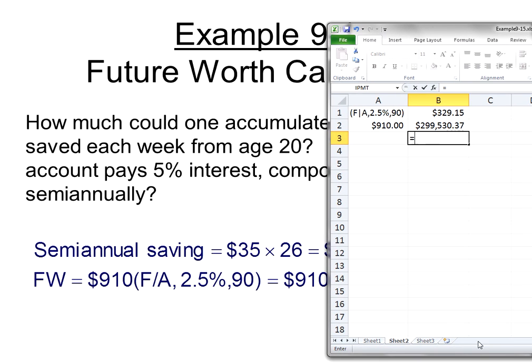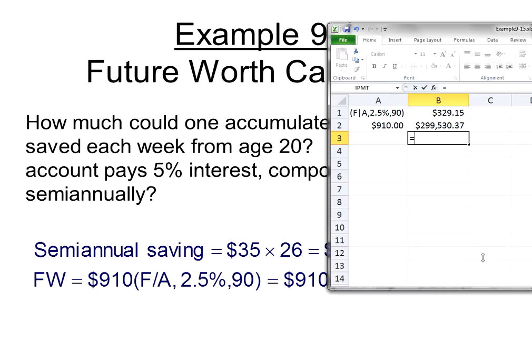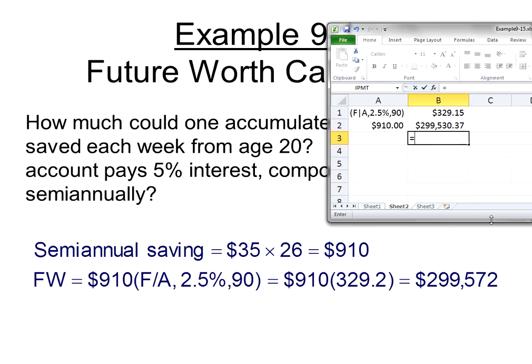So let me make it a little smaller. So I can find the future value again using FV function, and then my rate is 2.5%, and number of periods is 90, and then I use minus 910 as the payment.